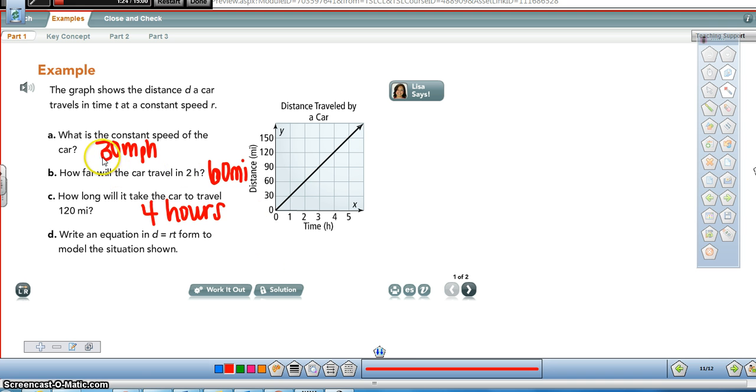It's constant. It's always 30. And the time is also always changing. Again, that's a variable. So the distance is varying. The rate is always 30 times the time, which is also a variable. It's always changing. So the equation d equals 30t represents this graph.